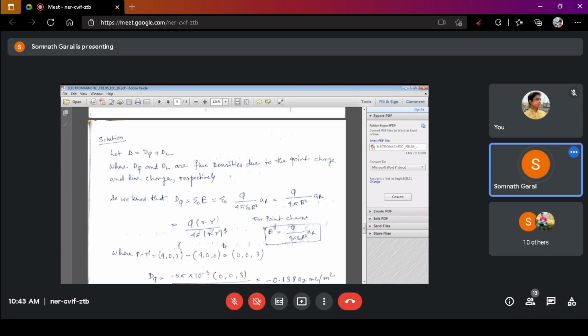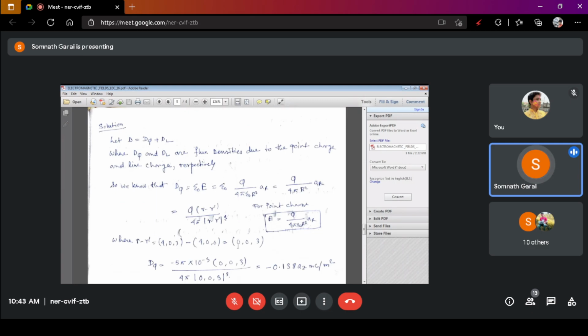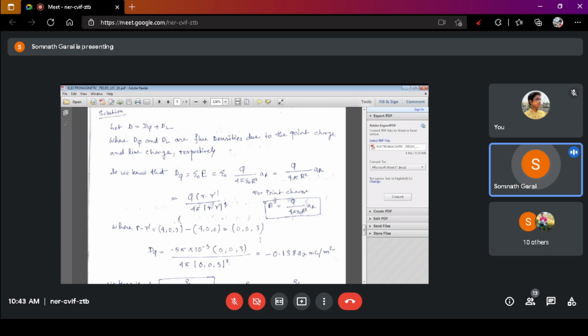So small r minus r dot is equal to 4, 0, 3 minus 4, 0, 0, that is equal to 0, 0, 3. So small r minus r dot is equal to 0, 0, 3, right?